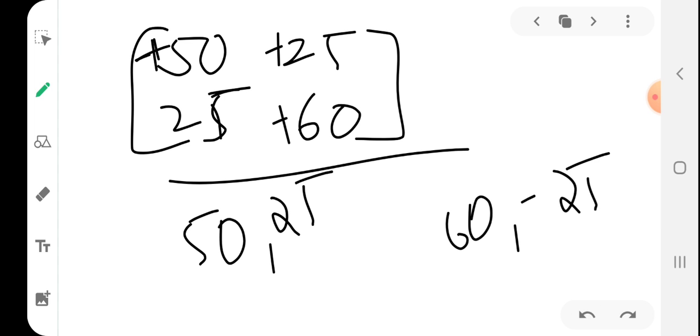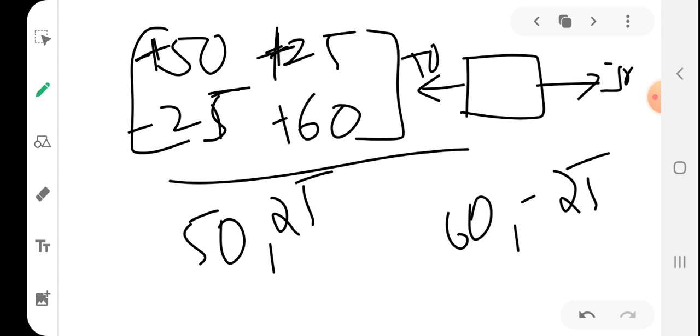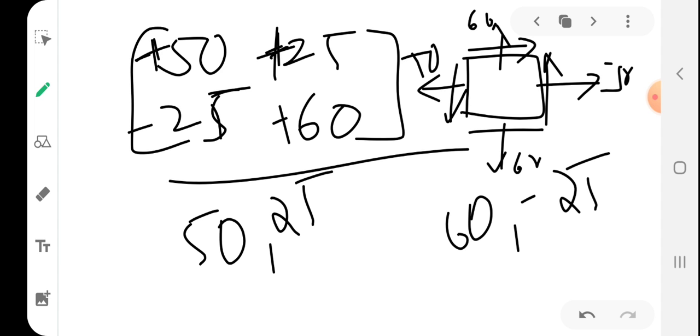That depends upon, suppose I kept this as positive and this as negative, because this is our shear stress component. If this is 50, this is 60, right? If in the y direction it is clockwise, in the x direction it should be anti-clockwise, then only it will remain in equilibrium.